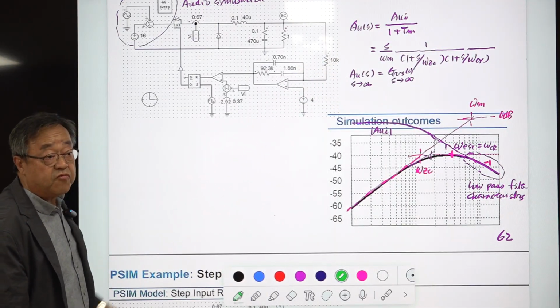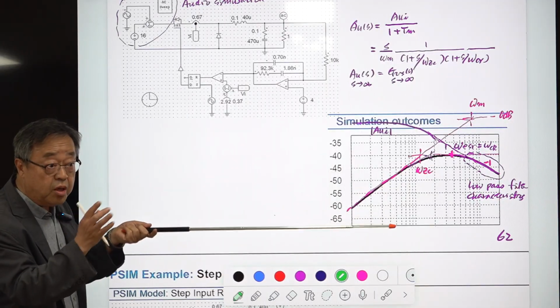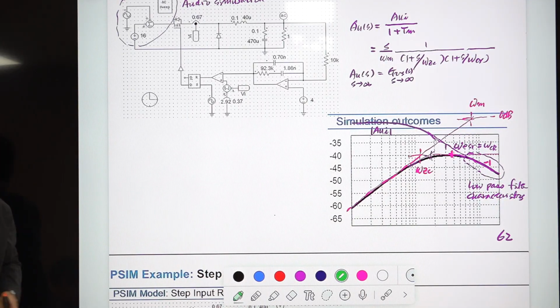So this is different from the case of voltage mode control because there is a current loop here. With the presence of the current loop, the situation becomes a little bit complicated. So this is with current loop closed.